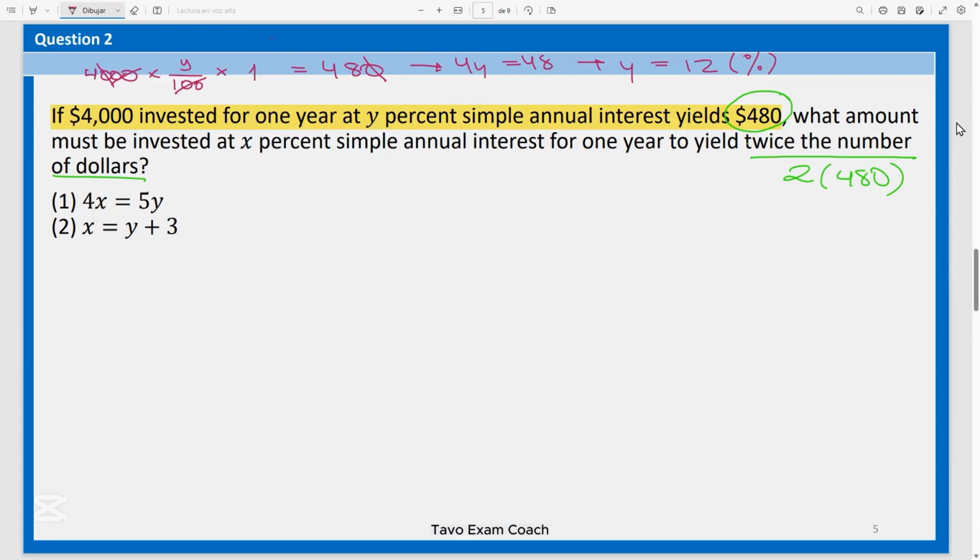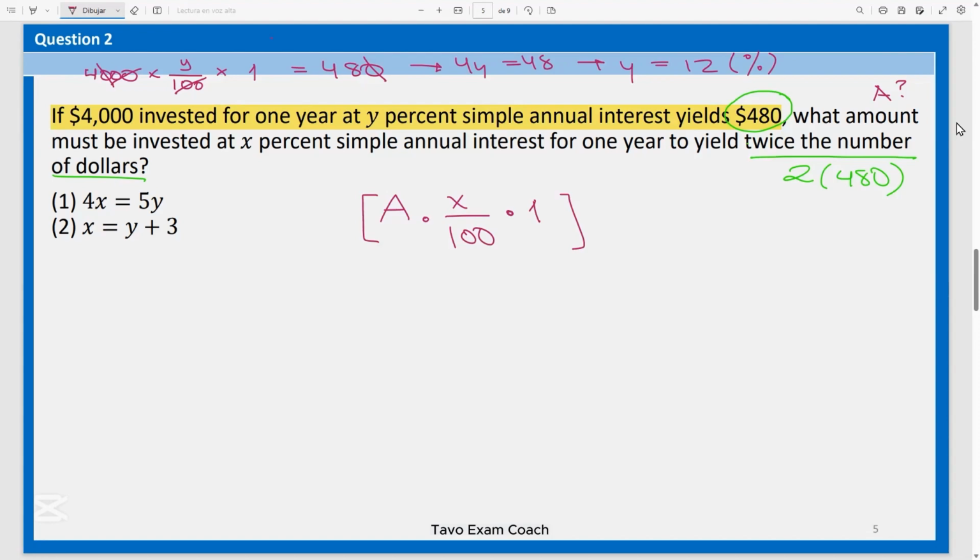For example, what amount, our unknown, we can call it A, okay? This amount of money is an investment amount, and it will be invested at the annual interest rate of X%. So if we multiply this by X% and for the duration of 1 year, this expression is the interest earned by that amount of money.